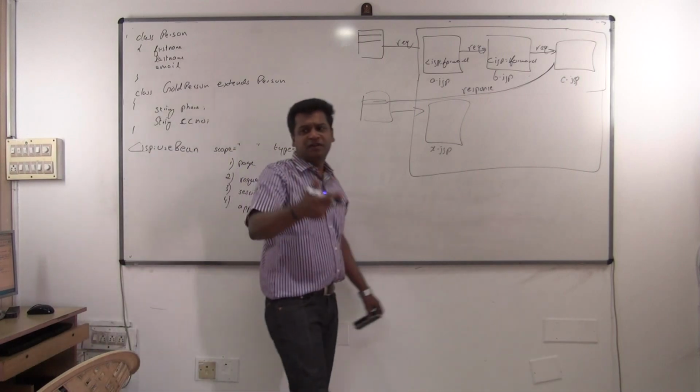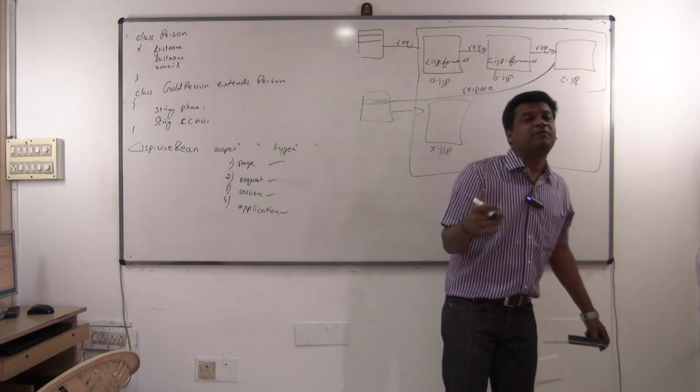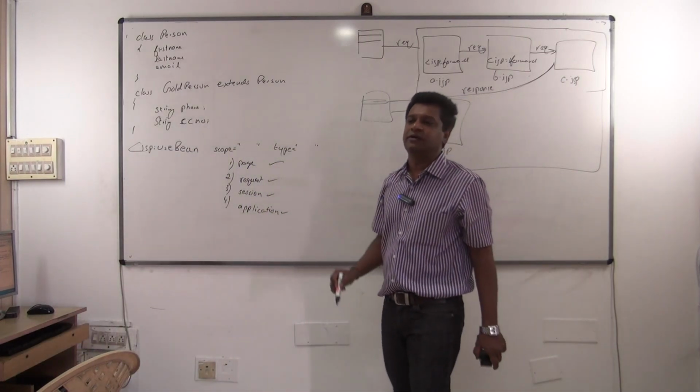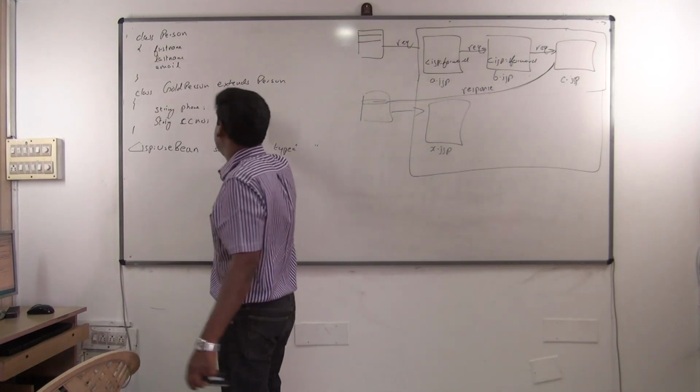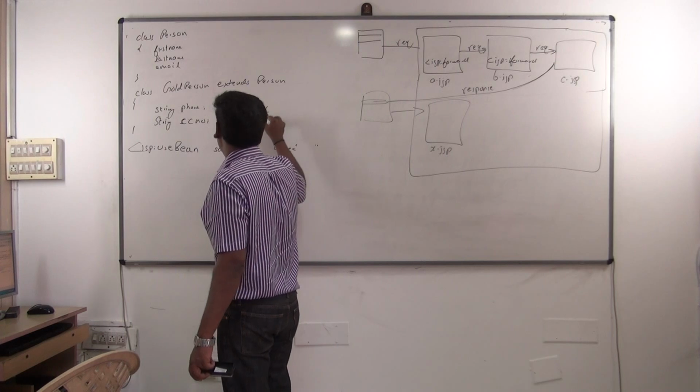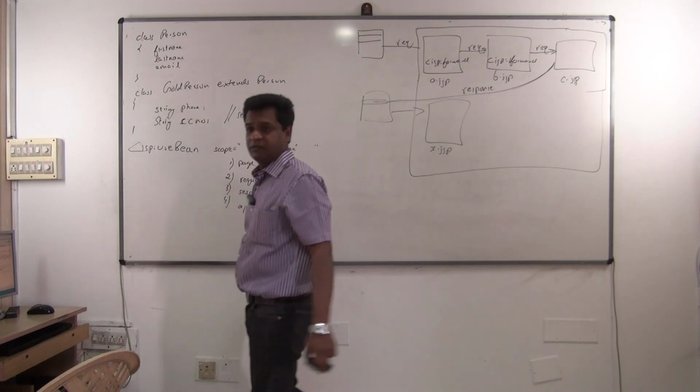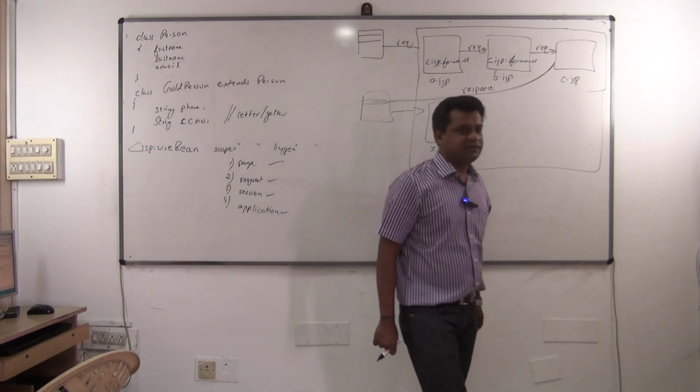So it's a premium customer for you. But instead of writing the same properties in this class, I'll extend. And here also you write getters and setters. So now there are two beans.